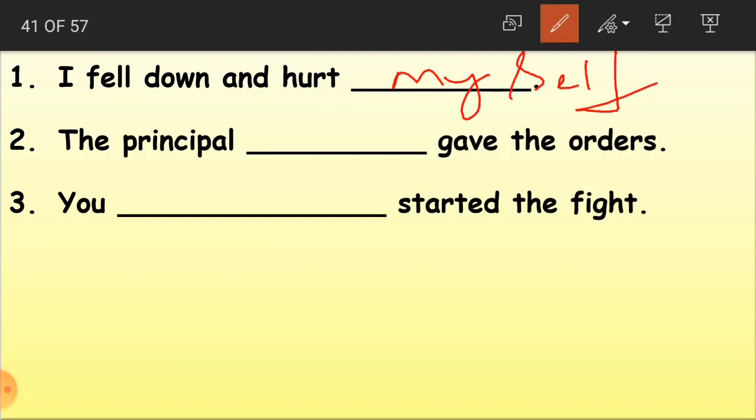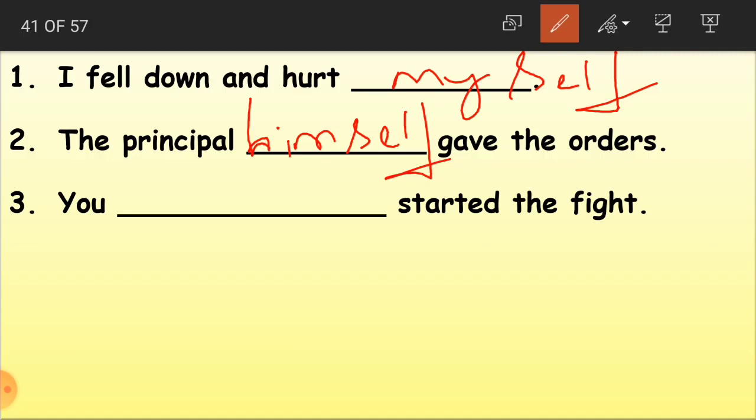The principal dash gave the orders. The principal, like he gave the orders. He becomes what here? Himself. The principal himself gave the orders. You started the fight. Here we'll make it singular, because for both singular and plural we call it you only.